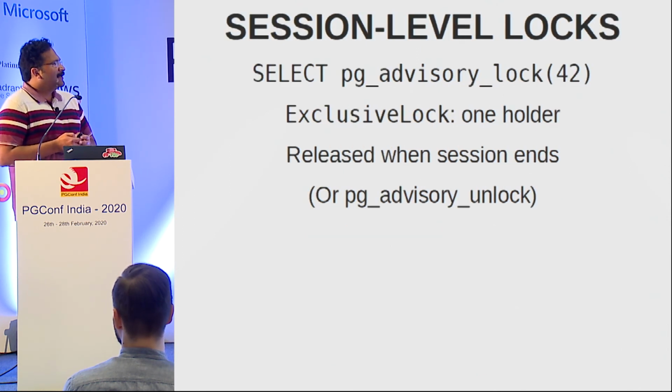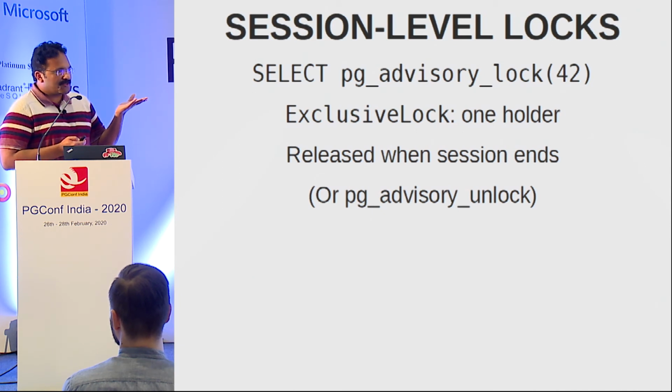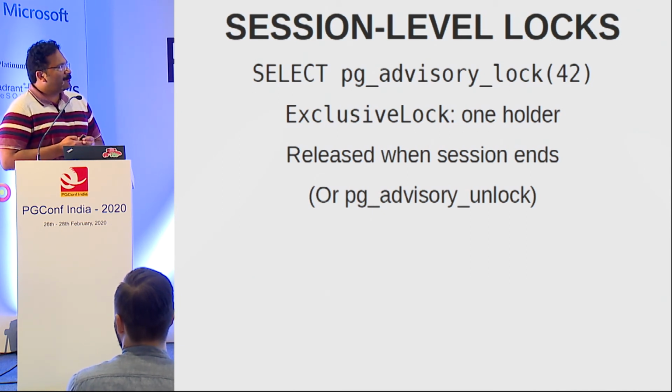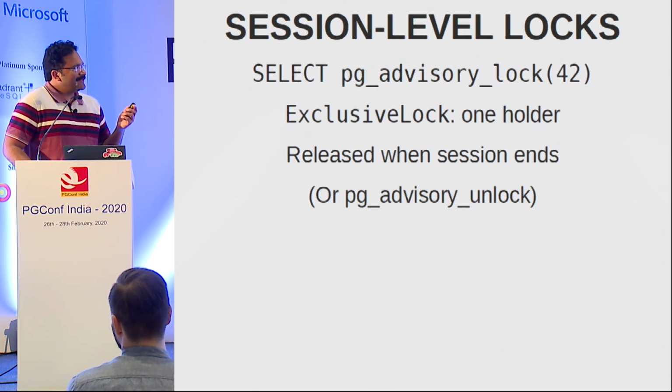So this is what the interface for session-level locks looks like. The pg_advisory_lock function will acquire a lock on the key that you provided. This particular function acquires an exclusive lock with session lifetime.